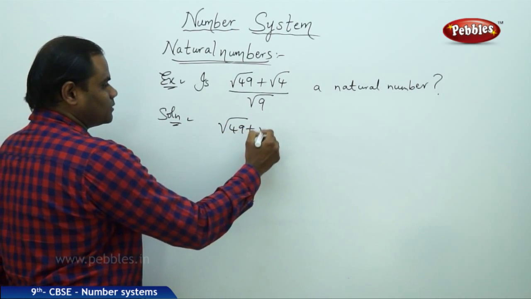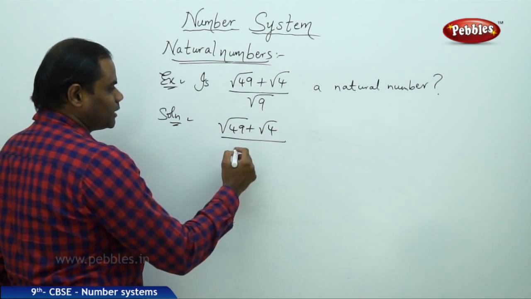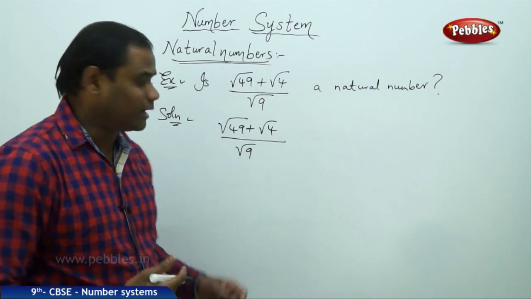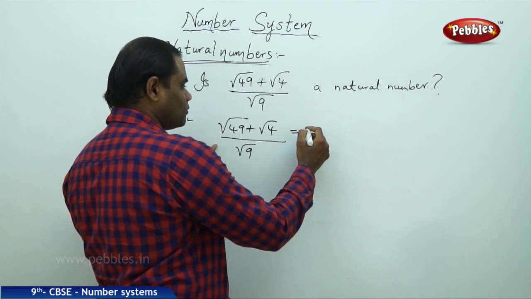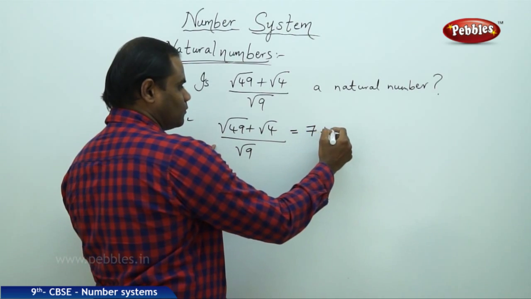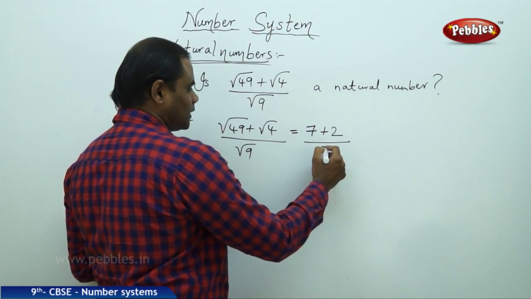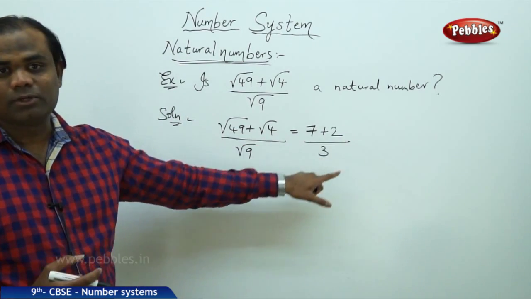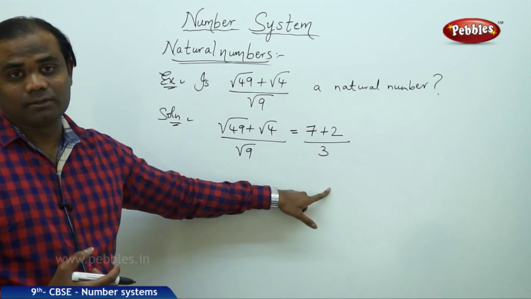So the given question, root 49 plus root 4 by root 9, is to be further simplified, as we clearly know that root 49 is 7 and root 4 is 2 and root 9 is 3. I reduce them into the non-root form by using the perfect square number concept.